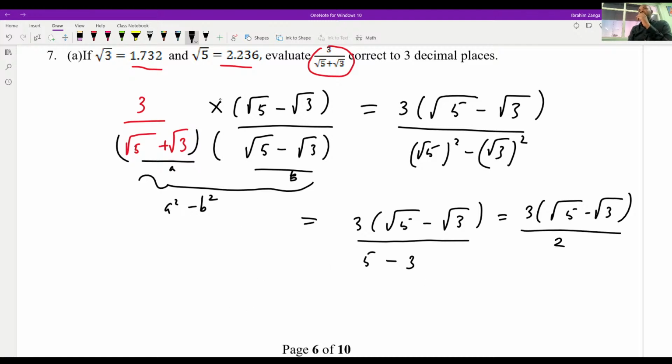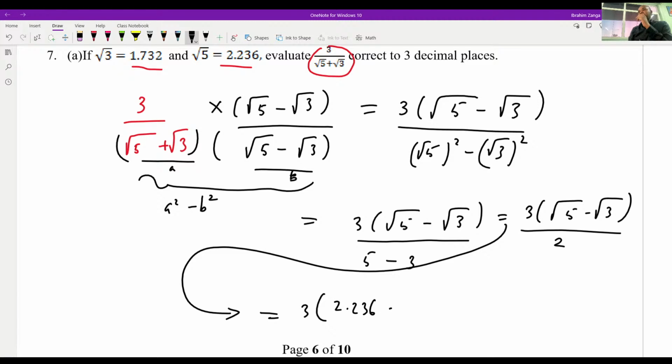And we were given already the value of square root of 5 and square root of 3. So this expression here will be actually equal to 3 in the bracket 2.236 minus 1.732 divided by 2. Upon finding the difference, 2.236 minus 1.732, you get 0.504.